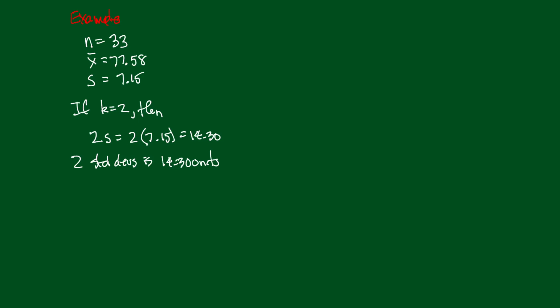Now, here's a picture. Here's the mean at 77.58. Now, if you come out 1 standard deviation, maybe you're here, and 2 standard deviations, you're here. So what number is this? This is x bar plus 2s. So this is going to be 77.58 plus 2 of those standard deviations, 14.30. So we're out here at 91.88.